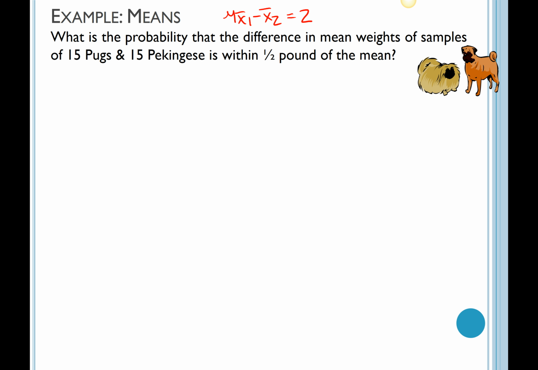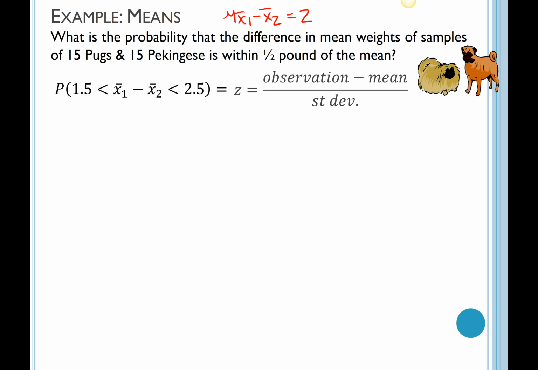So if you're within 1/2 pound of that mean, you're going to go 1/2 pound below 2 and 1/2 pound above 2. So we're going to figure out if it's between 1.5 and 2.5 pounds. So we're going to find the probability that x bar 1 minus x bar 2 falls between 1.5 and 2.5. All right.